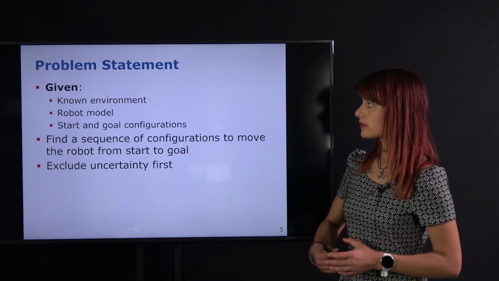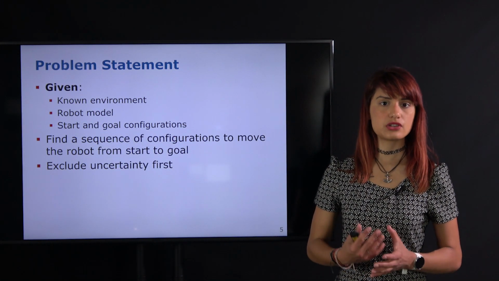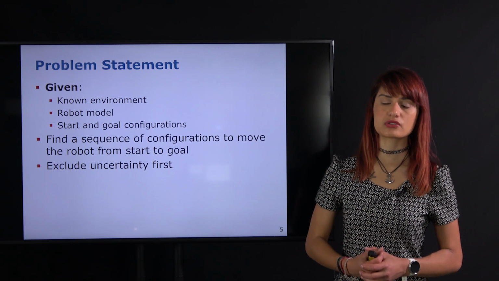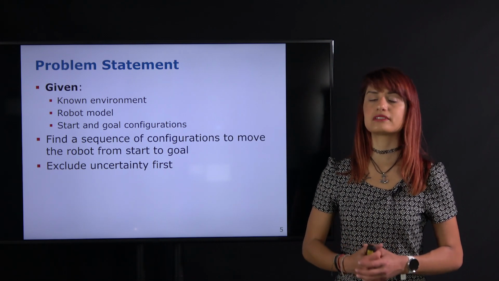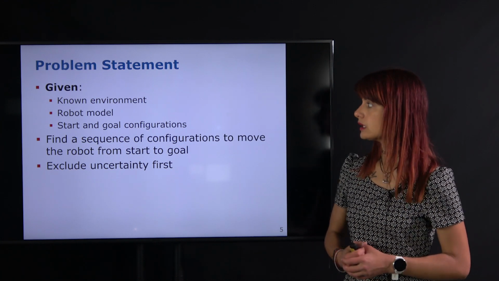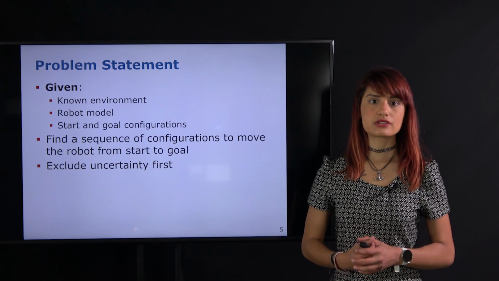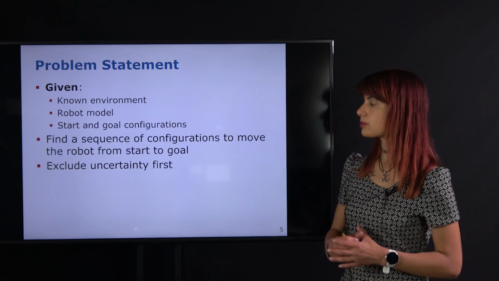We also assume that we have a robot model as well, including its geometry and its kinodynamic constraints that we might incorporate into our planning strategy. And of course, we have the start and goal configurations that define our path planning problem.